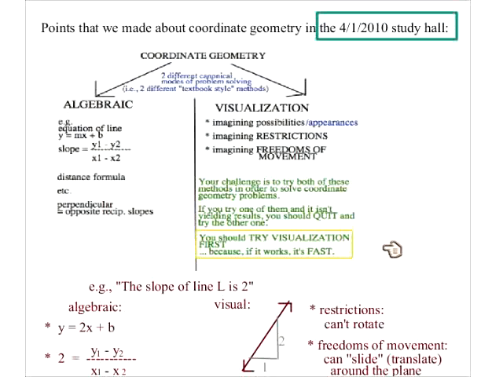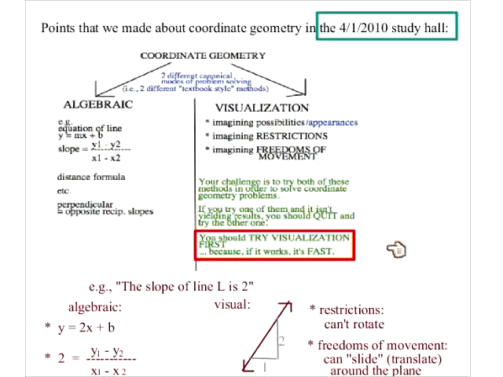So this is the basic deal. One piece of insight worth rehashing from last time is this: if you encounter a problem that you cannot tell right away whether it is algebraic or visual, you're better off trying visual approaches first because they're very fast. The problem with algebra is that if it doesn't work, then you're going to sink a lot of time into it, because you can push variables around the page for several minutes before you decide to give up.